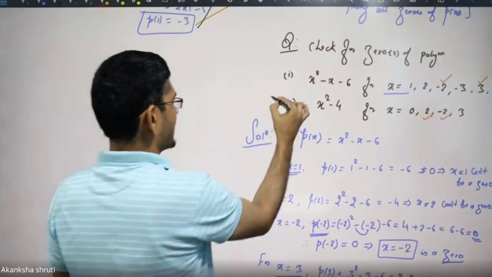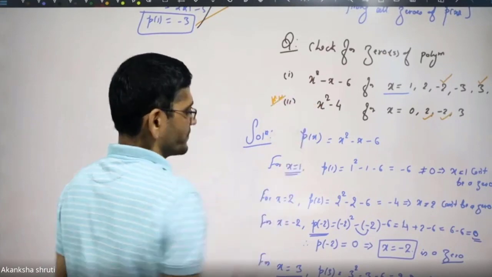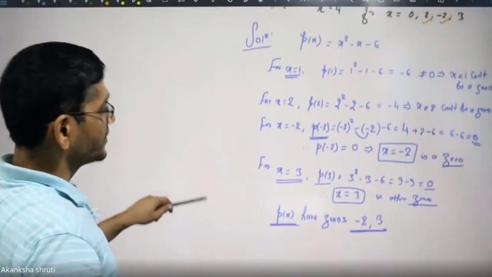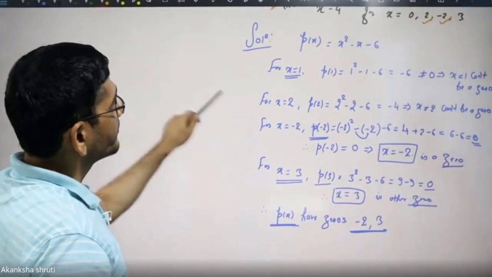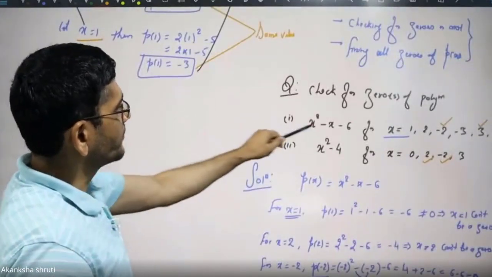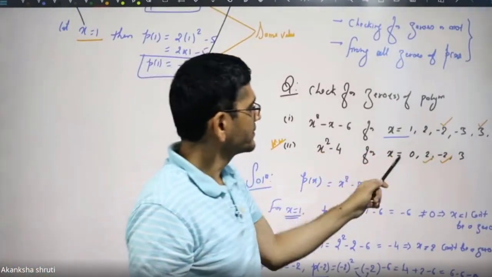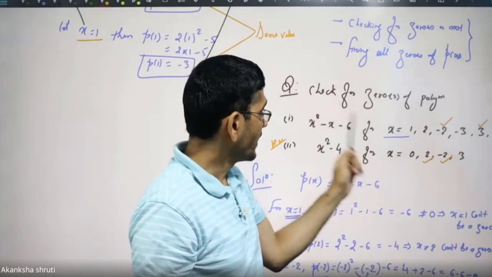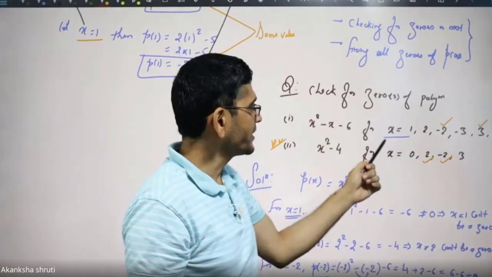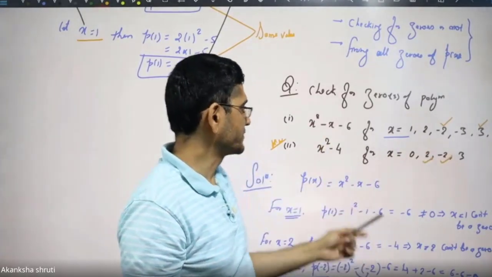You will just practice this at home in the same way. So for a given polynomial, the zeros can be determined for the given values of x.